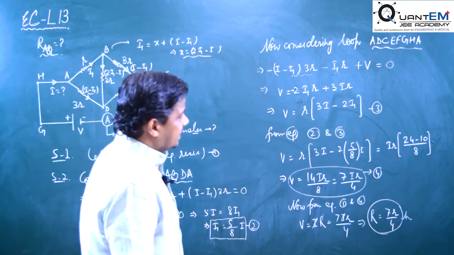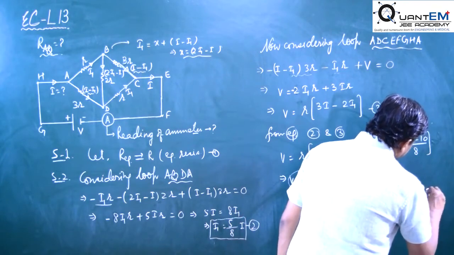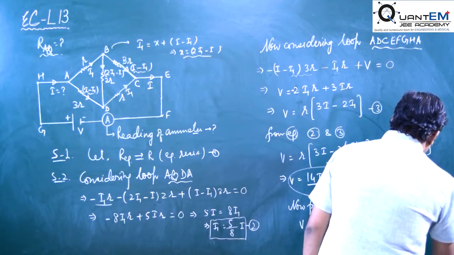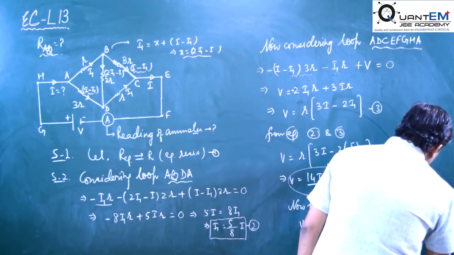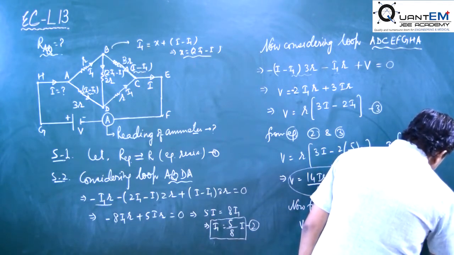So current supplied to the circuit is equal to supplied potential V divided by 7R by 4. You get the result I is equal to 4V by 7R.